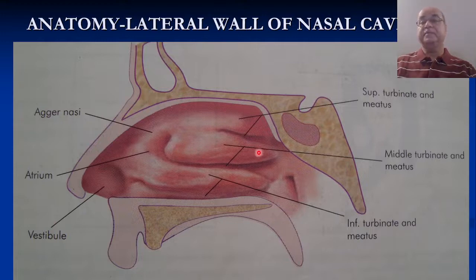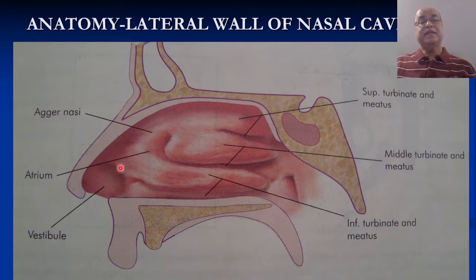This is the middle turbinate, and below and lateral to it is the middle meatus. And then is the superior turbinate, and below and lateral to it is the superior meatus.